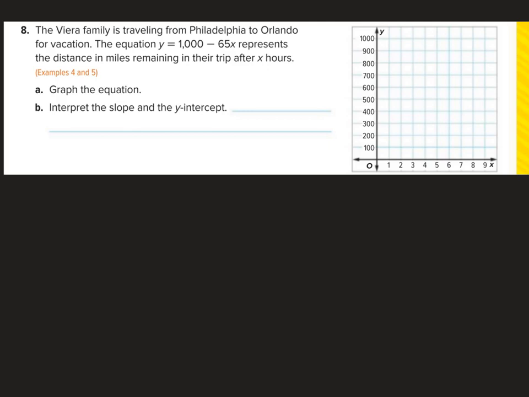So let's start off by graphing the equation. It's not written in y equals mx plus b format, but it won't take much to write it that way. Y equals negative 65x plus 1,000. Okay, so now it's in slope-intercept form.